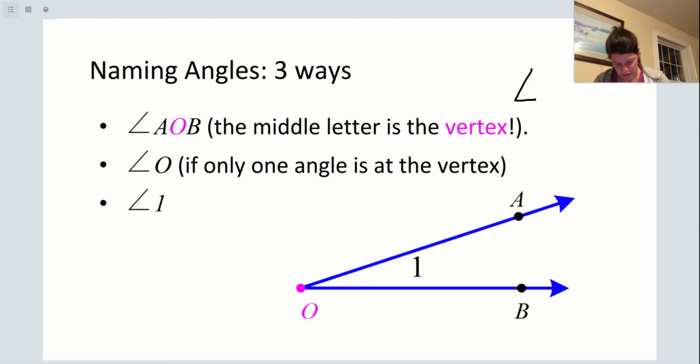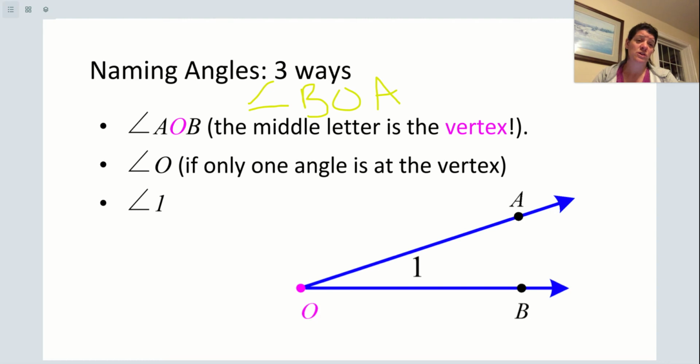So that is really the same way. Okay. So that's using three letters. And the big thing here is that the vertex has to be in the middle. So I've taken a point from each of the rays, and then the vertex is in the middle. So either one of those is okay.